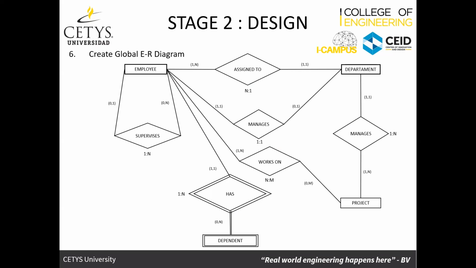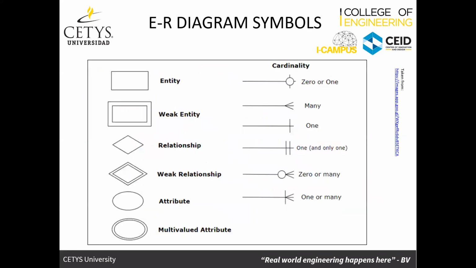There's a more complex symbology that you might see in some ER diagrams, or more specific symbology. These are the ones that we already saw: entity, relationship, attribute, multi-value attribute, etc. And in the connections or the cardinality, right now we only put lines, and we wrote down the cardinality in each of the connections.